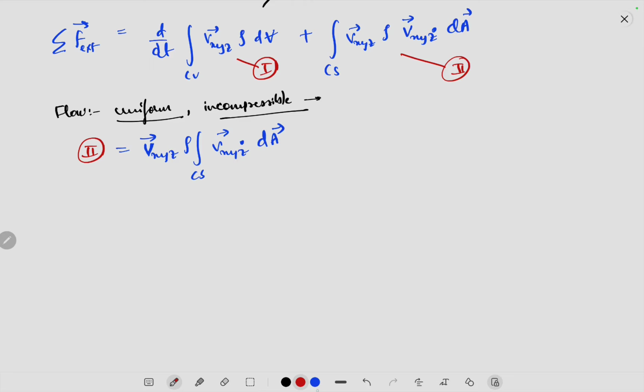Yes, we have done it. Where have we done this? When we considered mass as an extensive property, we understood that we can simplify this term like this.